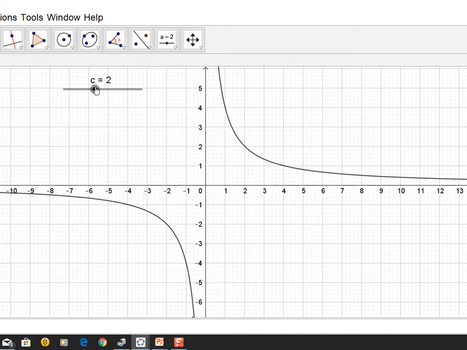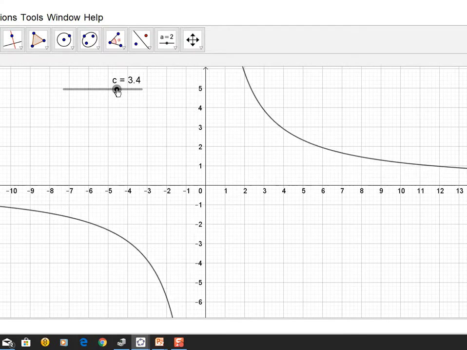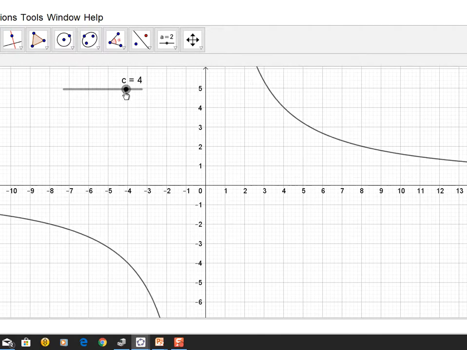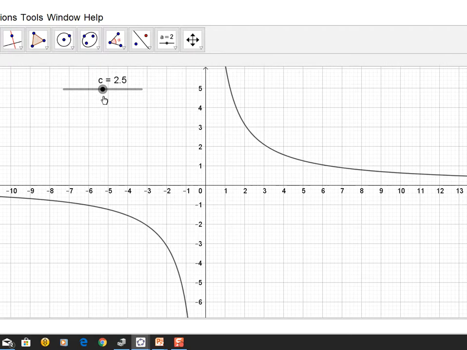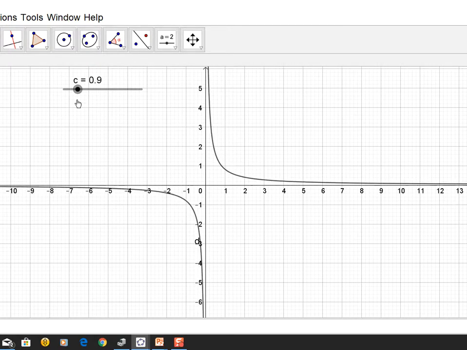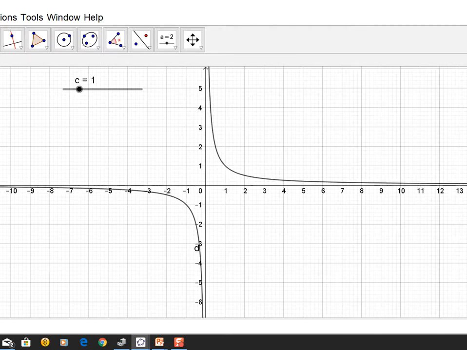If I now increase the value of c, you can see that the shape stays the same, but it's moving further away from the origin. The slope obviously changing, but the general shape is the same, and then moving back in we get closer and closer, and of course then if I come to the value of 1, there's our y equals 1 over x curve.